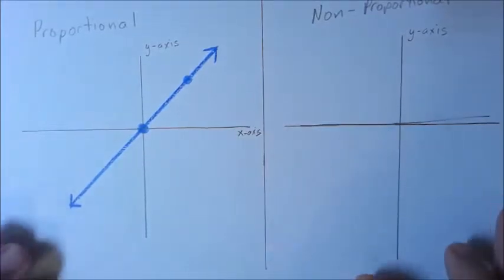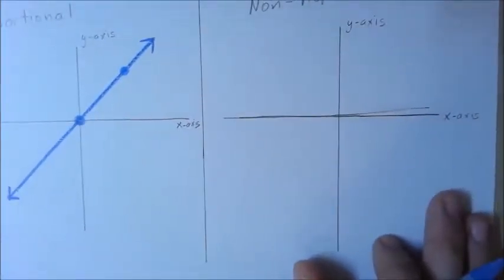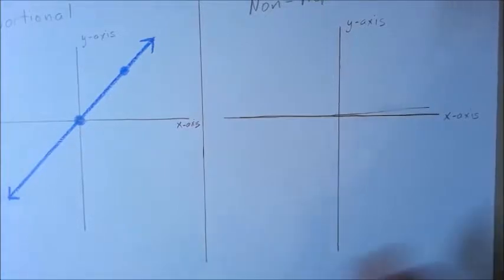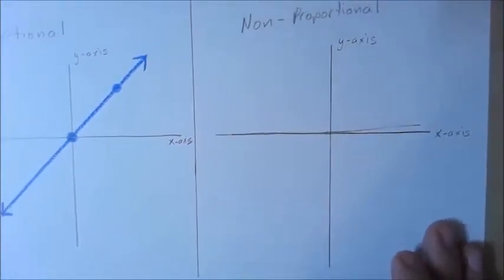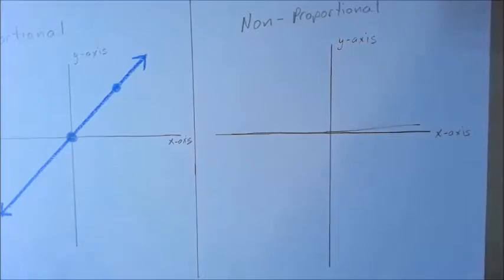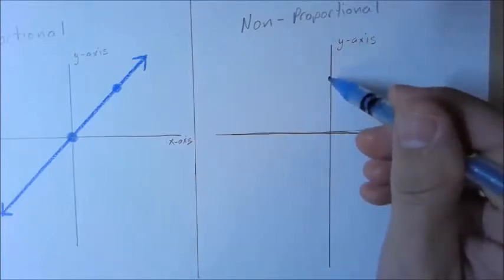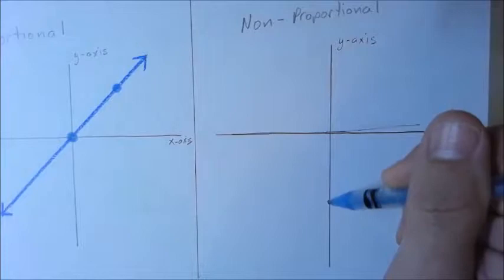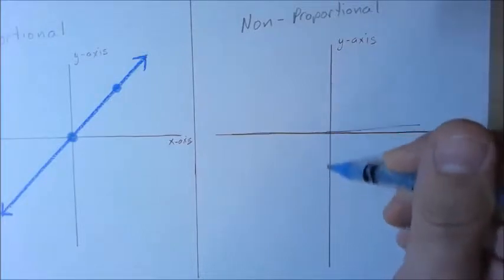Now I'm going to go ahead, move this over, and I want to make my non-proportional. So you got to think, okay, what does a non-proportional graph look like? Well, if proportional runs through origin, then your non-proportional does not run through origin. So I'm going to choose where my y-intercept is. That y-intercept can be anywhere on this y-axis.